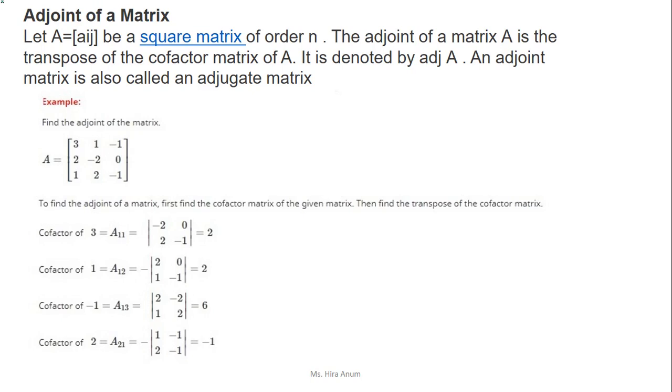Adjoint: let A be a matrix of element ij, a square matrix of order n. Then the adjoint of A is the transpose of the cofactor matrix of A. You can see this. To find the adjoint, you are finding cofactors.